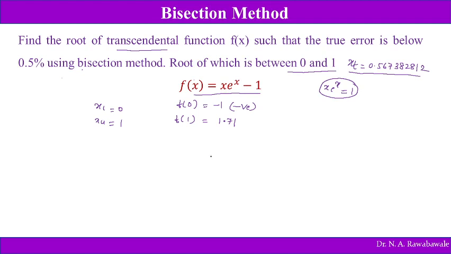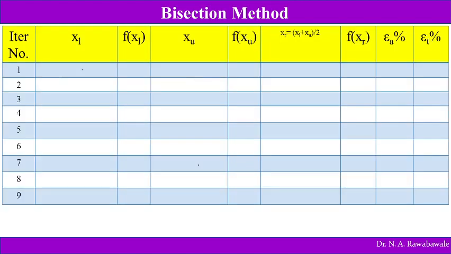Now let us start. Here I may not calculate the function values and errors in detail. I will explain only the first or second iteration, and for the rest I will write the direct values. Now xl is 0, where the function value is -1, and xu is 1, which is given in the problem, where the function value is 1.71. So this is negative and this is positive.